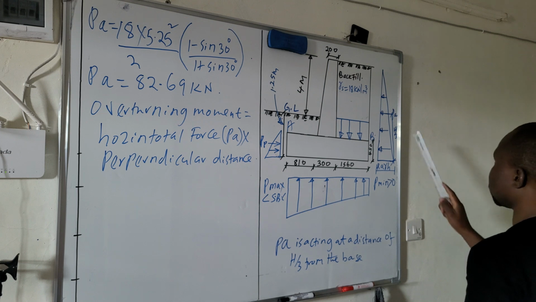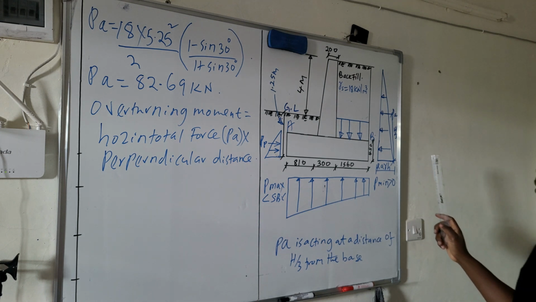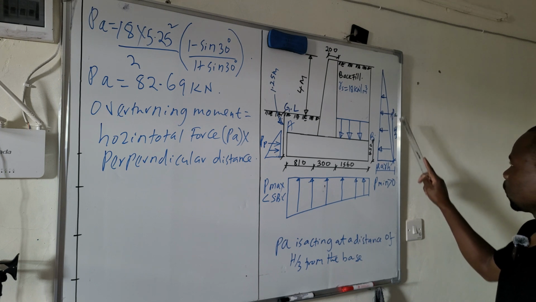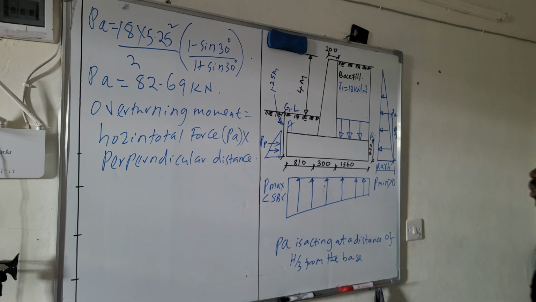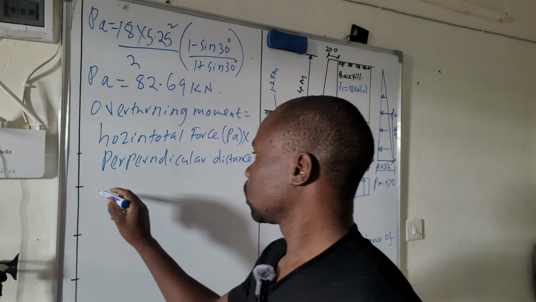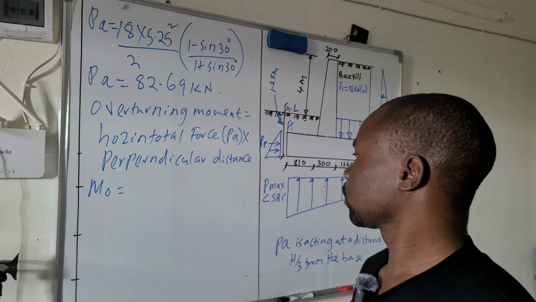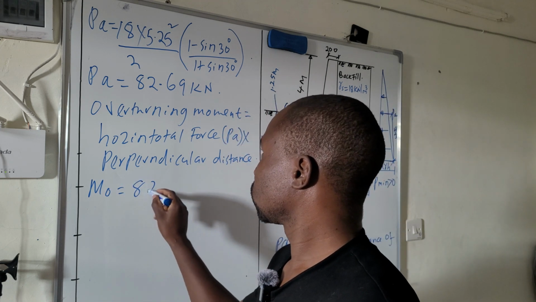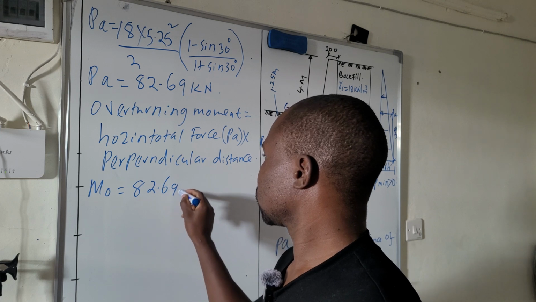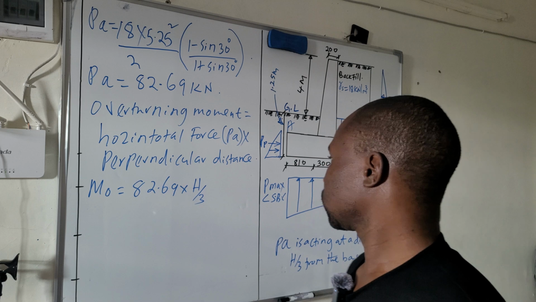So this is the force PA, and the perpendicular distance is from here to here, which is h over 3. So overturning moment is equal to 82.69 times h over 3.